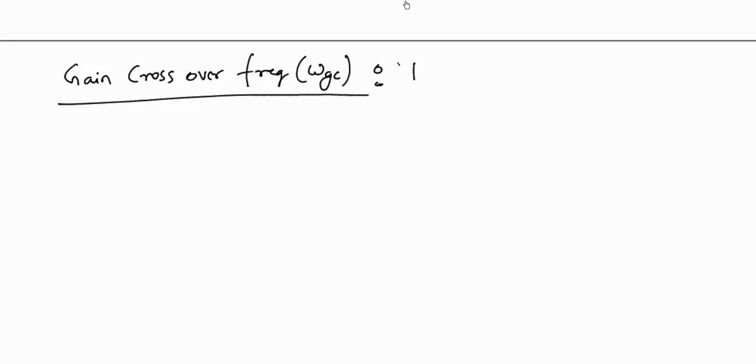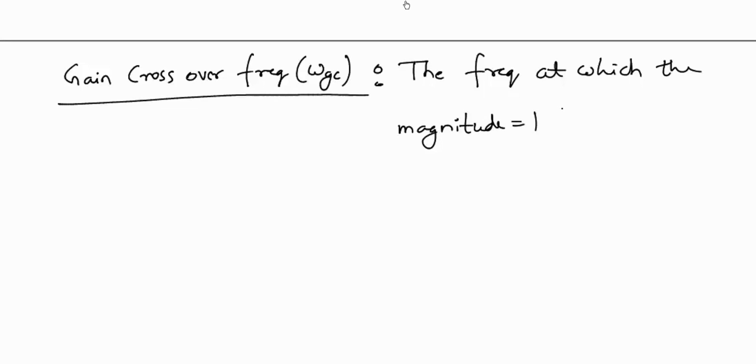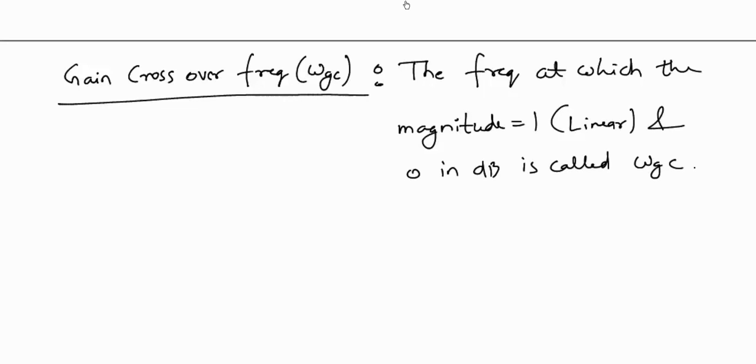So the frequency at which the magnitude is equal to 1 in linear scale and 0 in dB is called omega GC. This is from the magnitude condition.